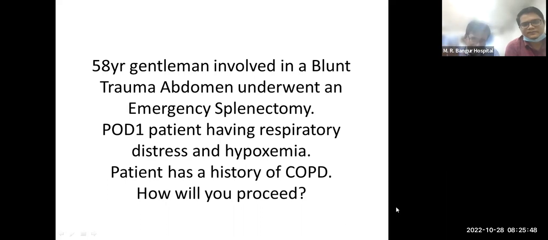So if it is an established DVT, what do you find? What may be there in the clinical presentation? Patient may have swelling in the calf.